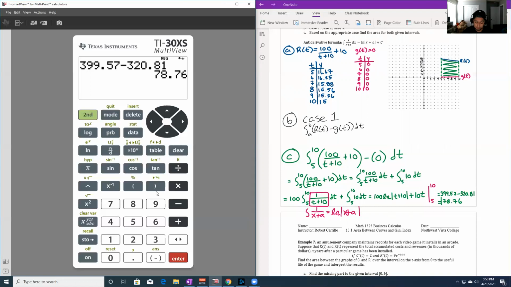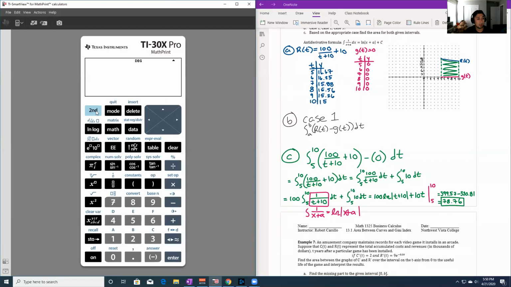Okay. Now, what's the easiest way to type it in your calculator? Well, I'll show you. So this is what you're going to type in the calculator. So we're going to have second, oh, I need to switch to the other one. There we go. Second integral 5 to 10 of fraction 100 over x plus 10, plus 10.